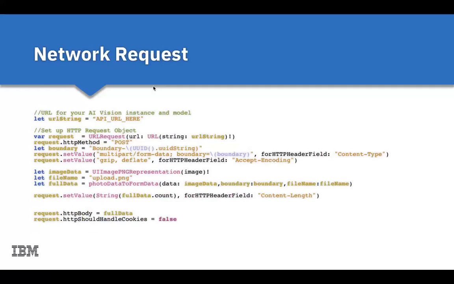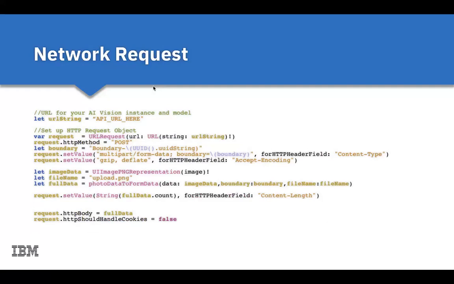So it adds that photo, as you can see there, the file name, the upload PNG. So it uploads that photo to our server and sends that in the body of the request. I'll go into much more detail on that later, including what bits of this code you'd need to change to make it suit your model.